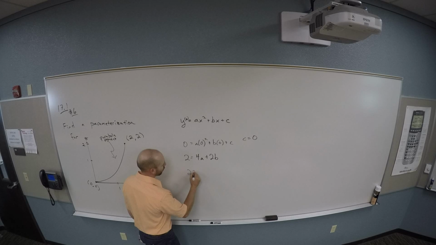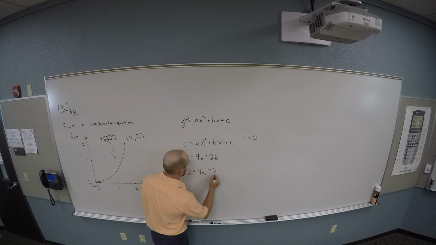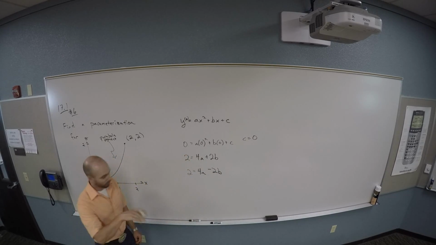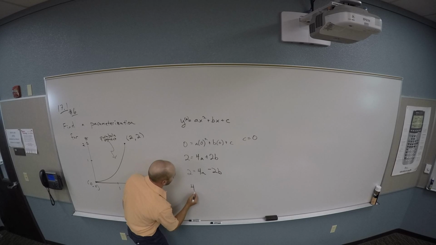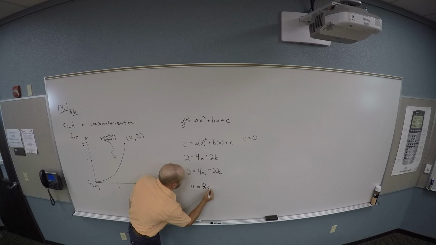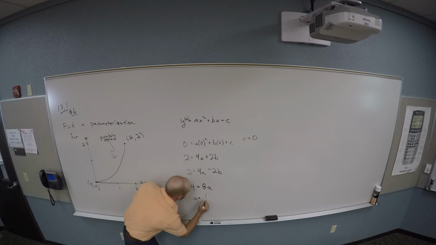Okay, so we can plug that in. So that'd be 2 is 4a minus 2b. Perfect. If I just add these together, I'll get 4 is 8a. So a is 1/2.